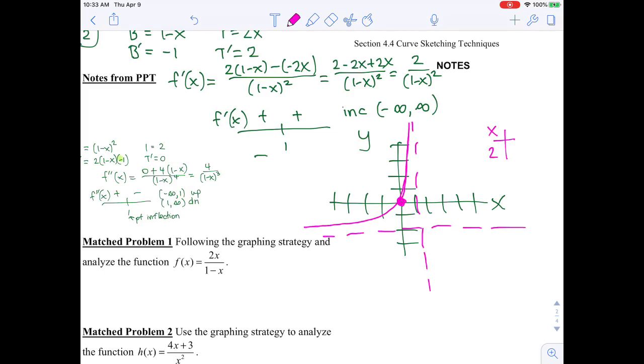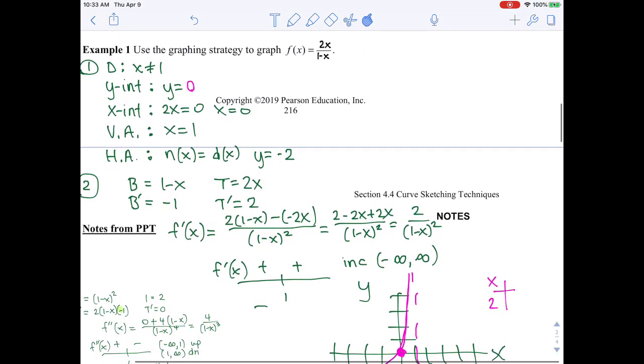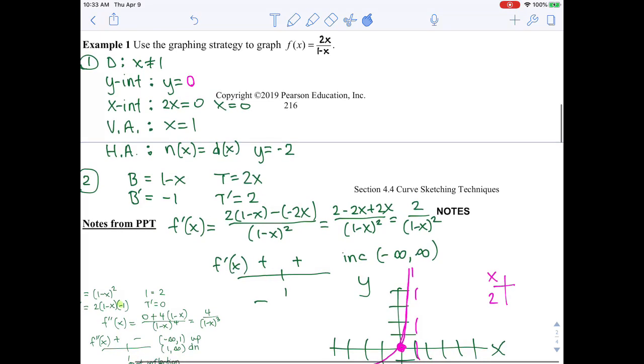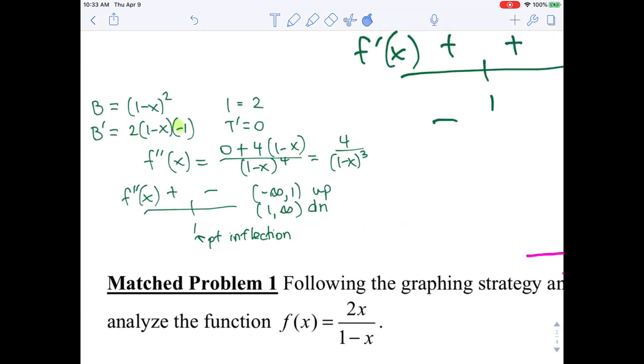I'm going to just pick 2. So I put 2 in my original function. 2 times 2 is 4. 1 minus 2 is negative 1. So I get negative 4. So it'll be here. And it will look like so.